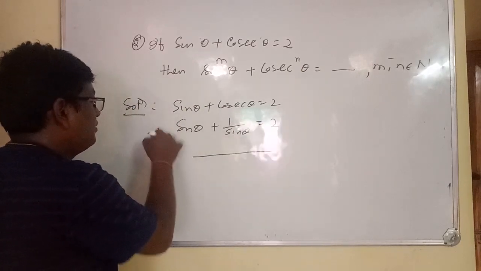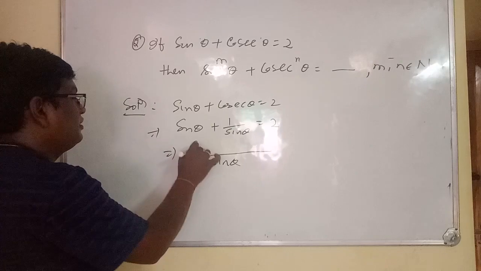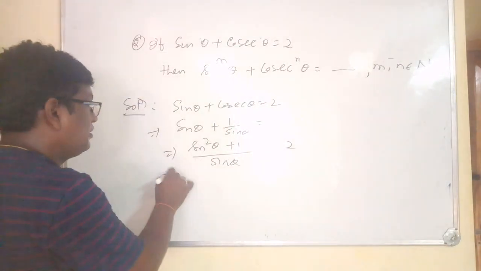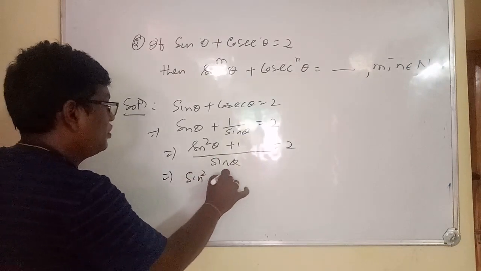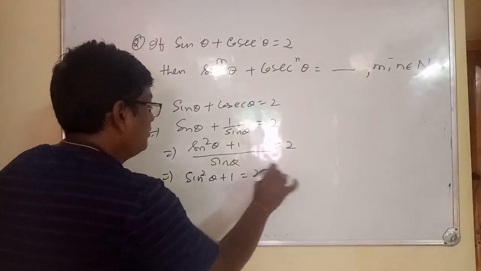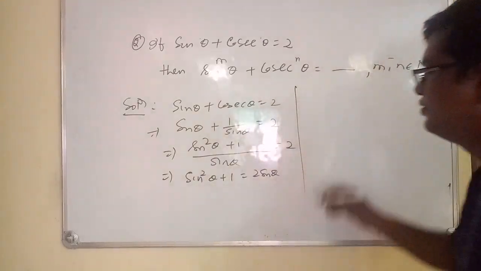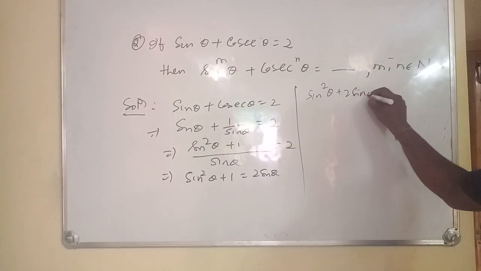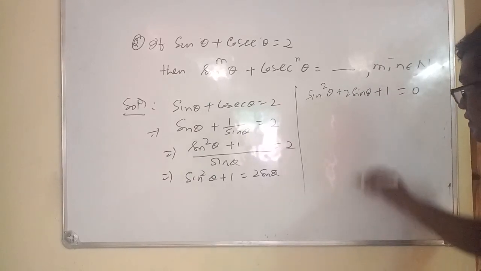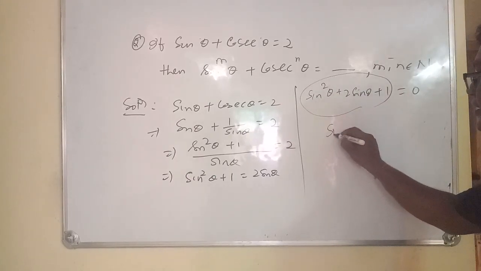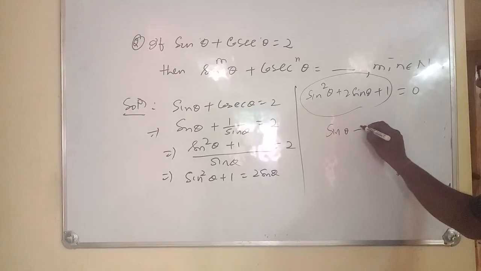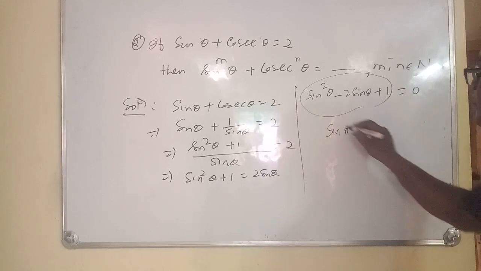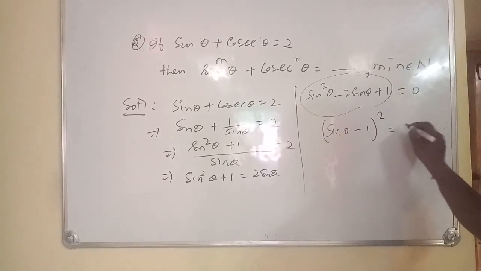Taking LCM sin theta, this is sin square theta plus 1 is equal to 2 sin theta, right? So sin square theta minus 2 sin theta plus 1 is equal to 0. This is (sin theta minus 1) whole square is equal to 0.